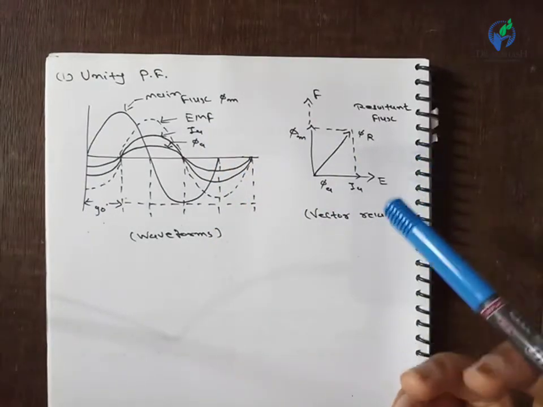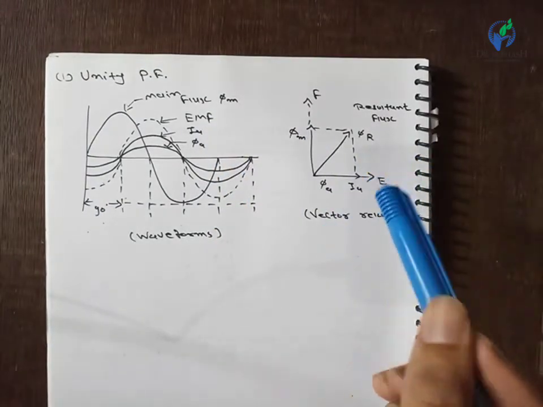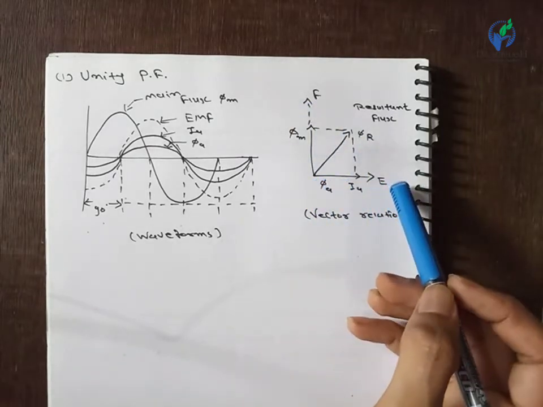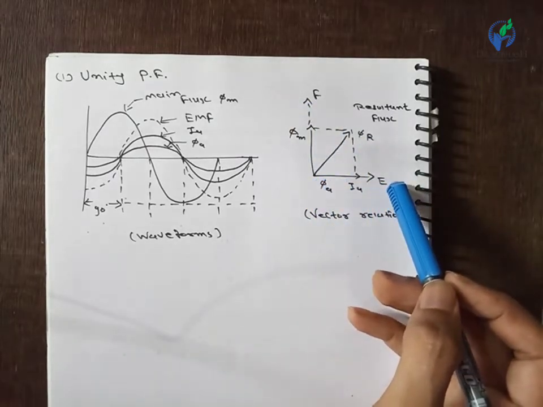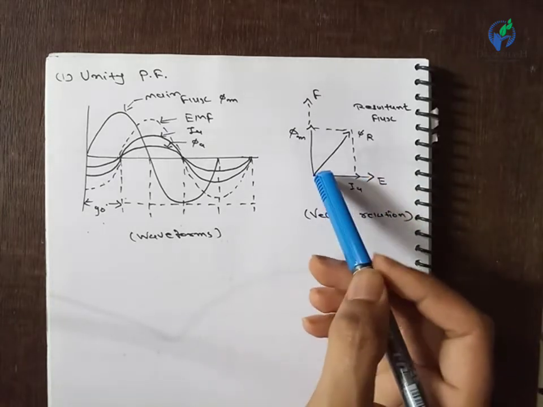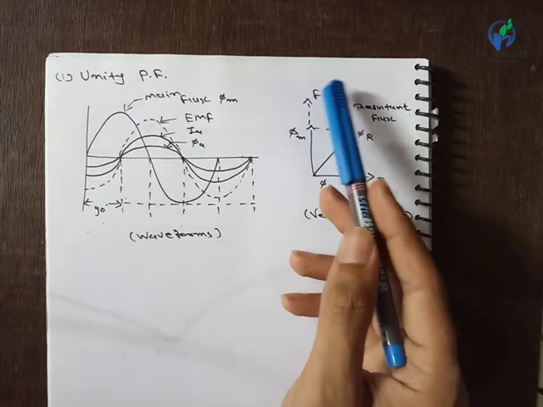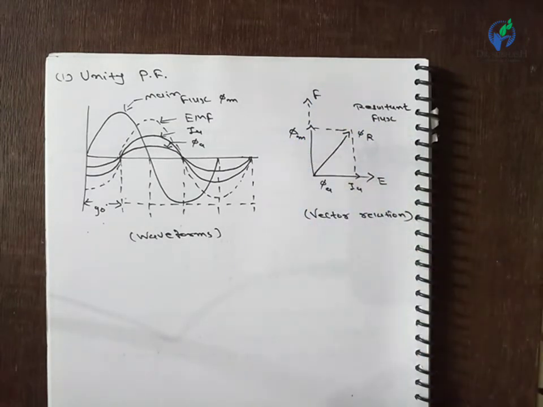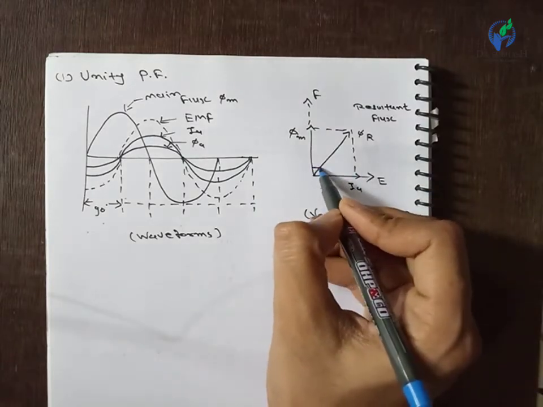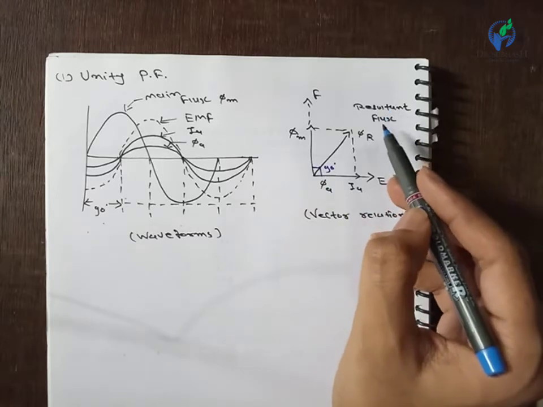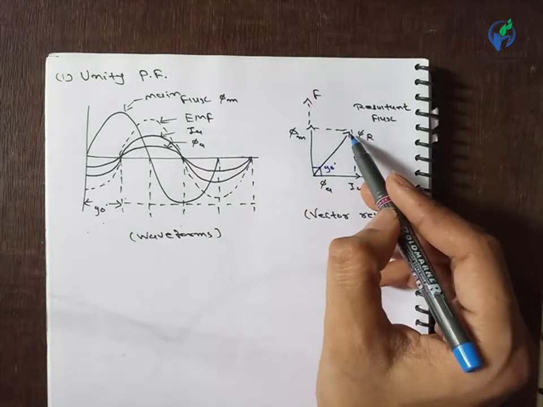In the vector relation, on the x axis is the EMF E, which is in the same direction as the armature current. On the y axis is the flux phi m. There is 90 degrees between them. The resultant flux phi a is represented here.